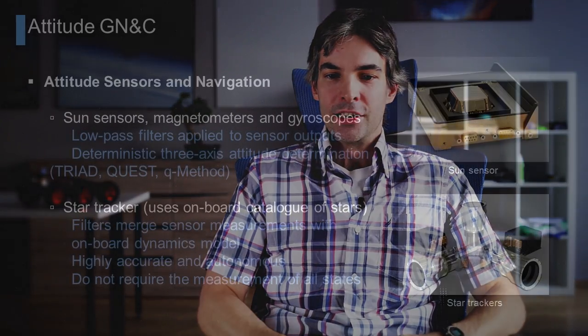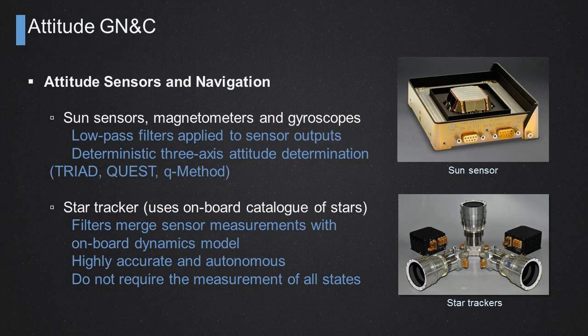As a brief overview, star trackers work by having an onboard catalog of pretty much all the stars out there, and by comparing what the camera is seeing with the onboard map of the stars, the star tracker can figure out exactly the current spacecraft orientation with respect to the stars, or with respect to the inertial reference frame, its equivalent. So again, the main advantage here is that you can reconstruct the missing angular rate of your spacecraft, which is not directly measured, and that provides you with a highly accurate and autonomous attitude estimation solution. So that's the current trend in attitude sensors and navigation.